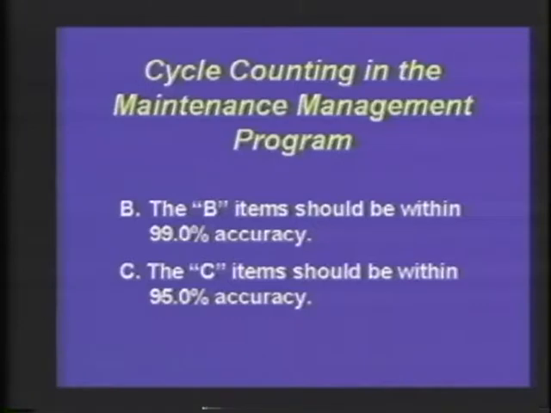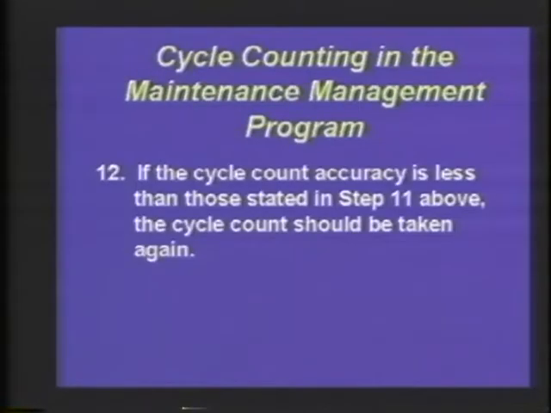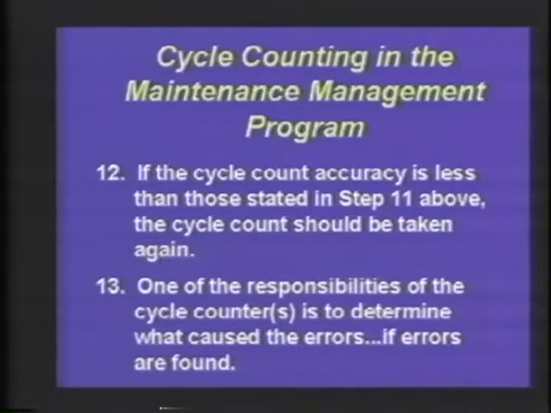On step number 12, if the cycle count accuracy is less than that shown in step 11, the cycle count is rejected and it must be done over again until there is either a reconciliation or there must be a record adjustment made to the inventory bin on hand.